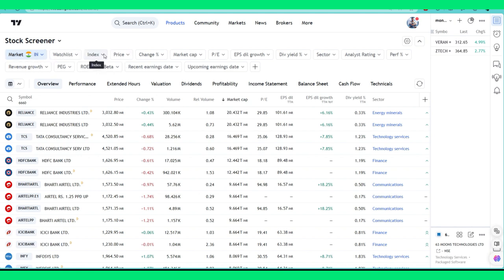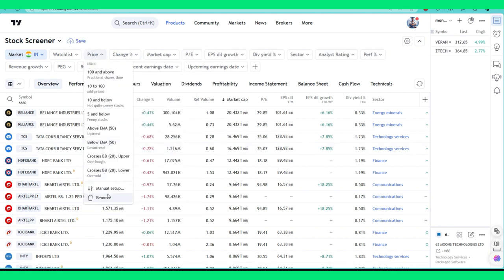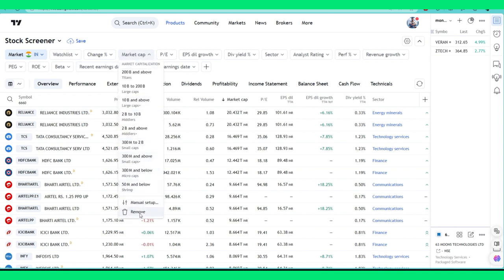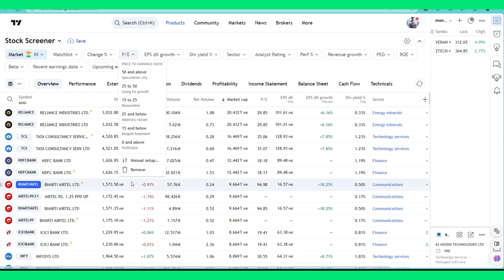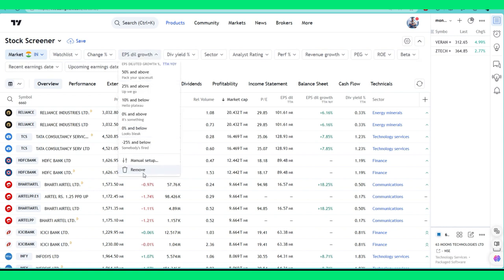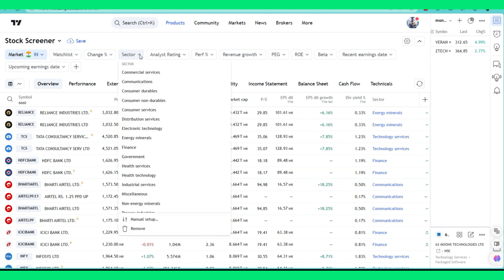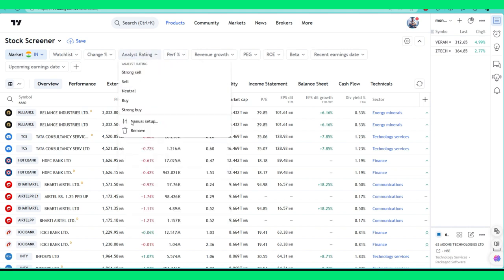Now we need to remove several things. Basically, we'll remove all. We don't need any of these because we are looking only at stocks which are making new highs.